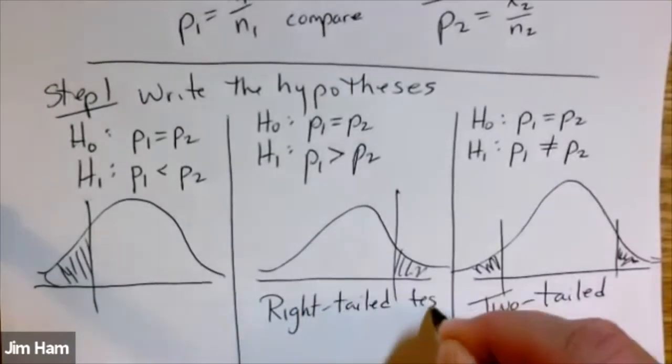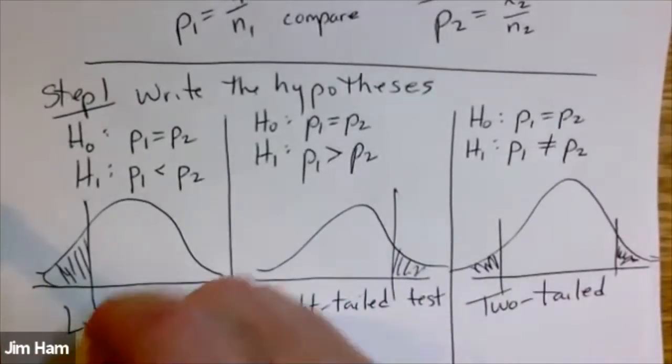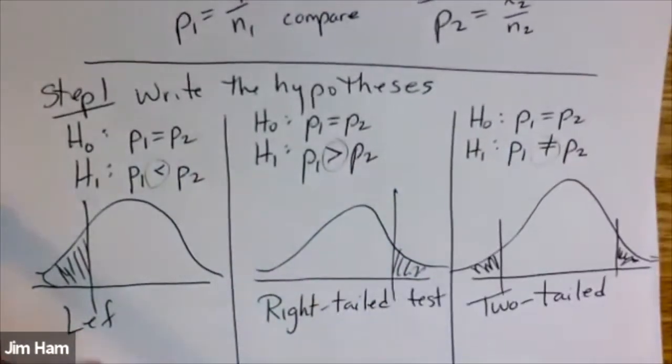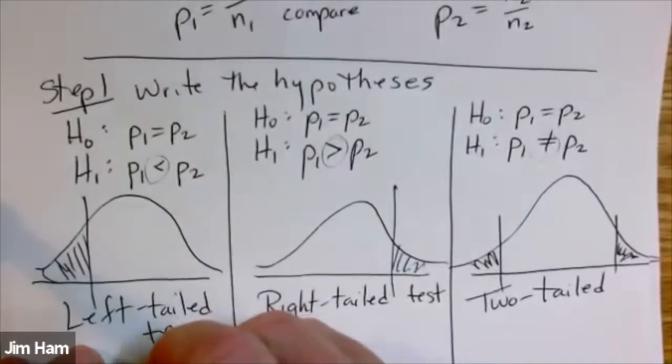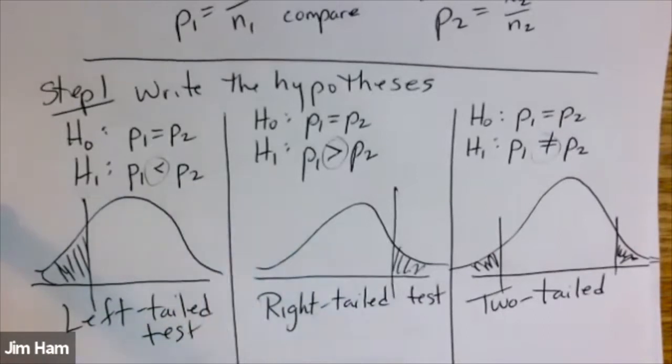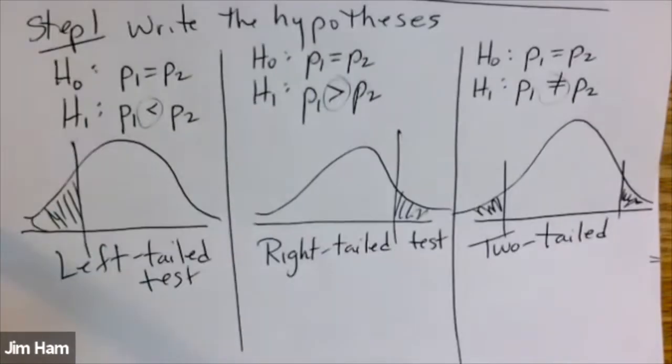To determine right-tailed, left-tailed, or two-tailed, you just focus on the sign in the alternative hypothesis. So there's no difference here from what we've done before. You can see the hypotheses are different, but there's no P0 value here. We're not going to have a P0 that corresponds to P1 and a P0 that corresponds to P2, because here we're just looking at the difference between the two. All right, so those are the hypotheses.